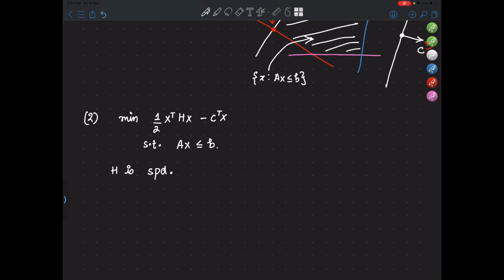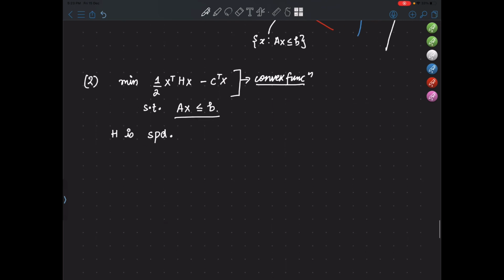So this is a convex programming problem. It turns out that if H is symmetric positive definite, this becomes a convex function, and this is anyway a convex set.